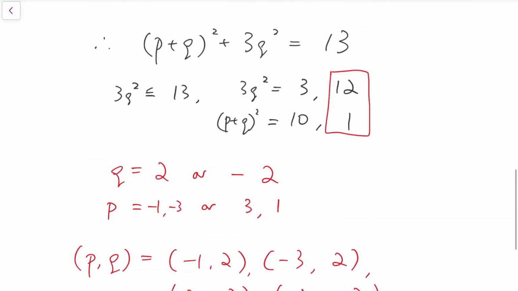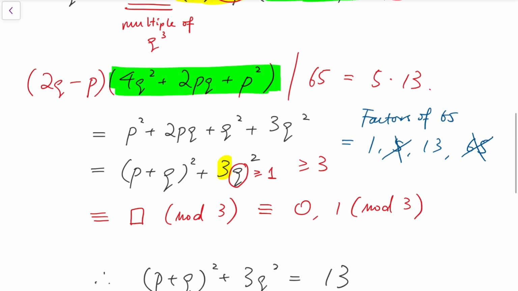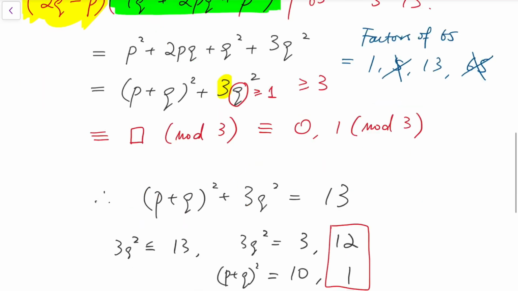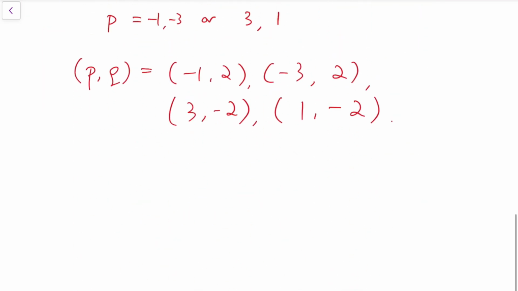Next, we can put it back to the other part of the product, which is 2q minus p. This part is supposed to also be a factor of 65. So let's try what happens with 2q minus p. For these cases, 2q minus p equals 5, 7, minus 7, and minus 5. So we can reject these two cases.